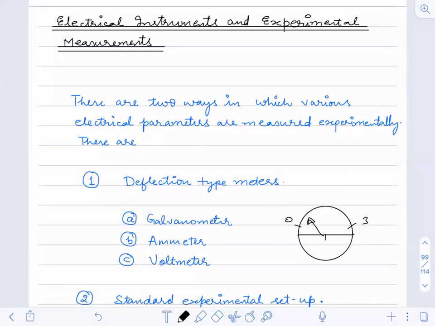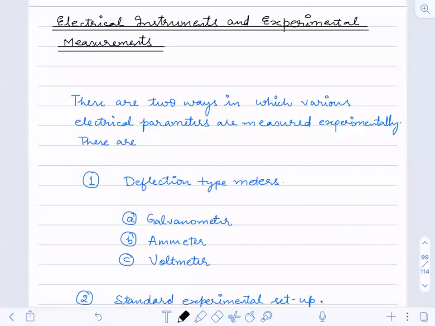When you connect the device to the circuit, it gives you direct values, either the potential difference across two points or the current across two points. So our main aim is to calculate current as well as voltage, the potential difference.